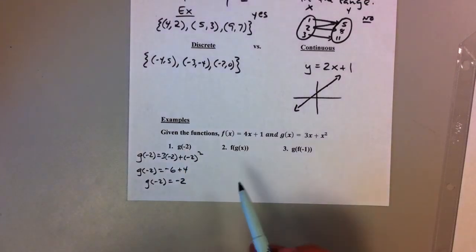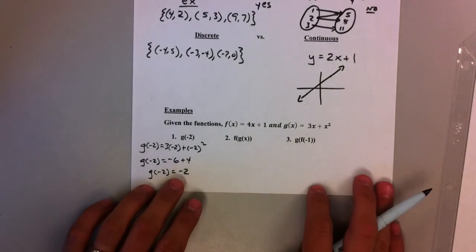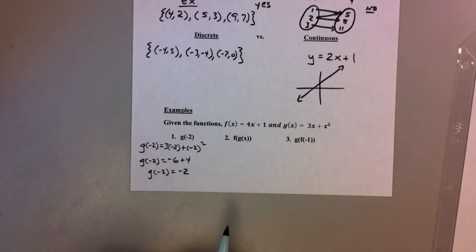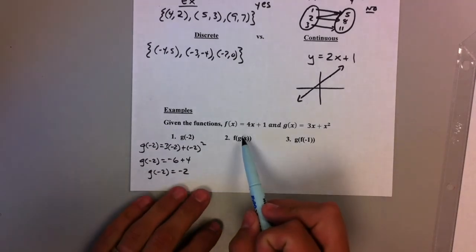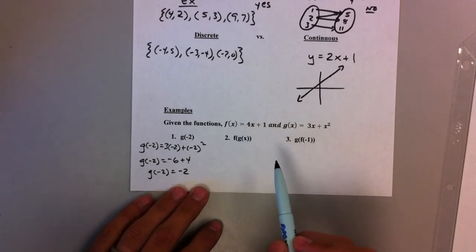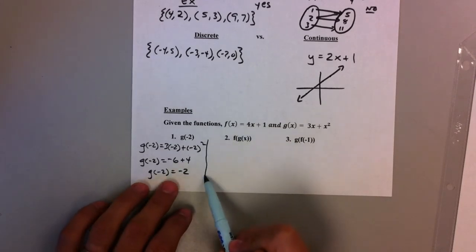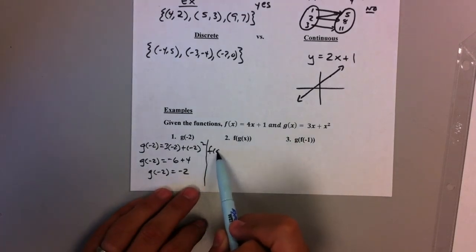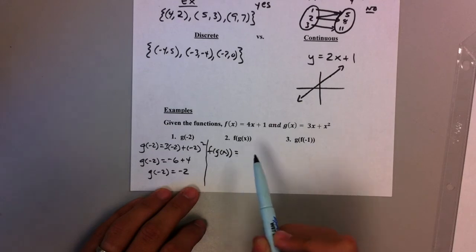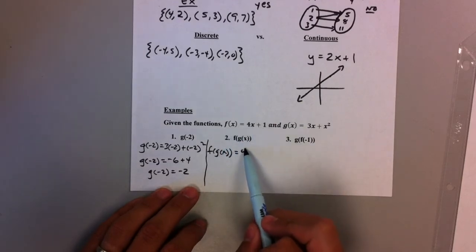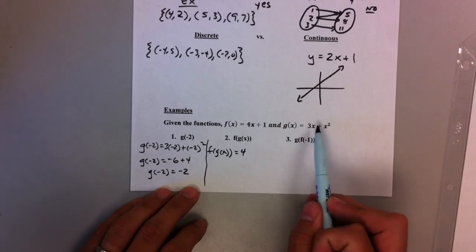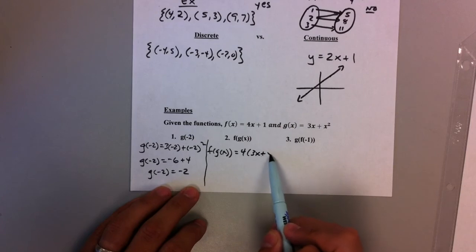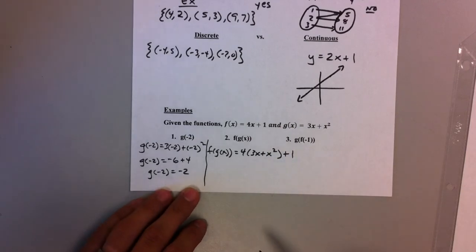Okay. What about this next one? This next one says f(g(x)). What that means is you're going to simply take the g function and plug it into the f function. That sounds kind of funny, but let's give it a shot. So f(g(x)) will equal 4 times, now instead of x, I'm going to put this 3x + x² there, plus 1.